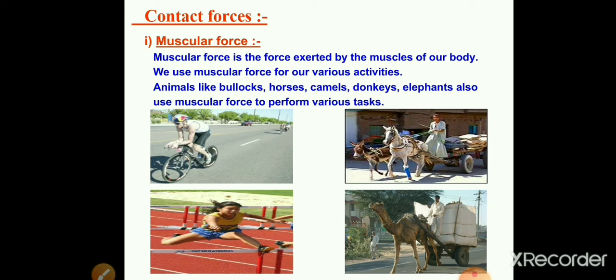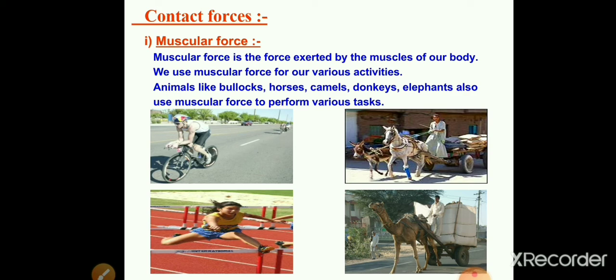In contact force, the first one is muscular force. What do you mean by muscular force? All living beings need energy for living, right? This energy is converted into force for doing various activities. In our daily life, we are doing some activities, so force is essential for doing these activities.